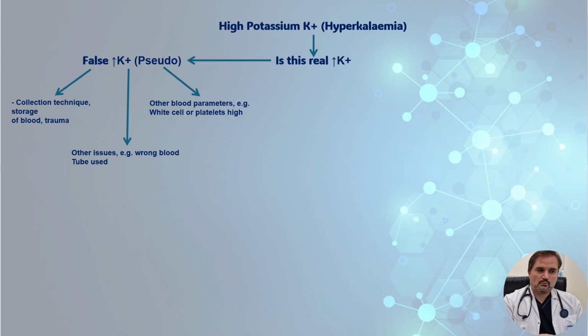What else could it be? Well, essentially, you either are not getting rid of the potassium properly, or you are taking too much in, or there might be shifts of potassium because it normally sits inside the cell. Perhaps something is drawing it out of the cell.